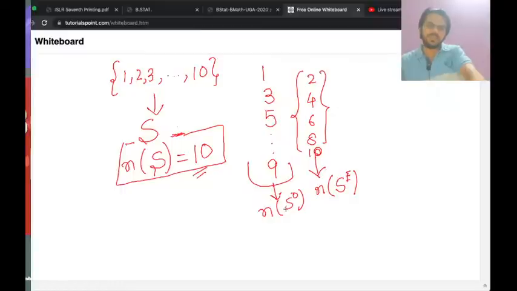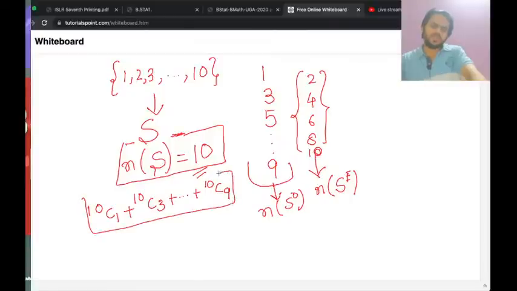If I directly count the odd ones, it will be 10 choose 1 plus 10 choose 3 and so on, till 10 choose 9. So we can calculate it this way, but this is not scalable in nature.